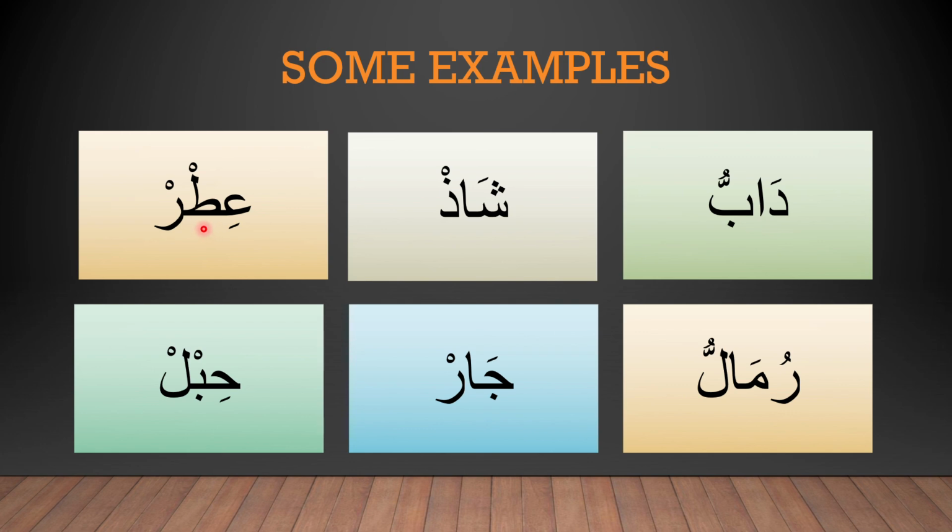Ain, Kasra, Pa, Ra, Sukun, Aitr. Ra, Dhamma, Ru. Mim, Alif, Lam. Mal, Rumal. Then there is Dhamma, so Rumalu. Jim, Alif, Ra, Sukun, Jar. Ha, Kasra, Ba, Hib, Lam, Sukun, Hibl.